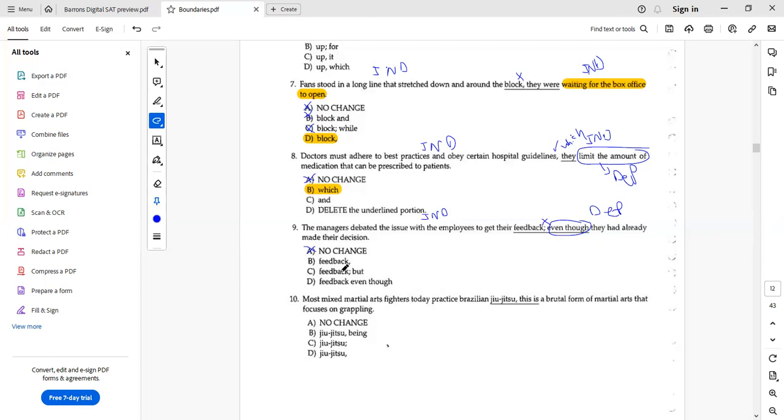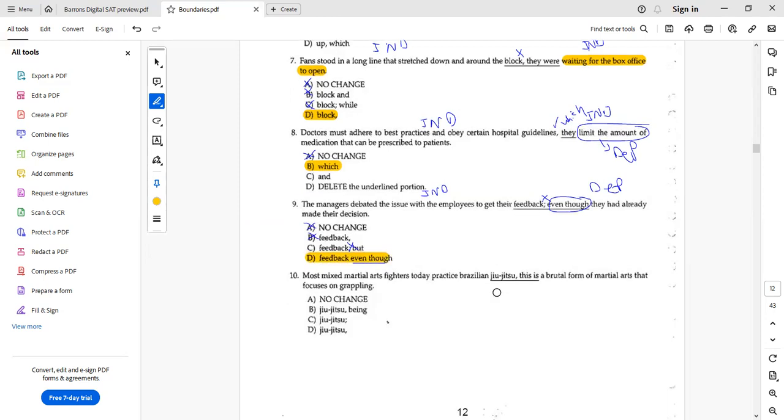If we put a comma, take care, you're gonna put feedback and comma, and then you're gonna put they had. It's gonna be independent because you delete even though. So it's gonna be wrong because it's gonna be run-on. Semicolon and but are wrong. So what we need is even though. Like that, it's gonna be independent, dependent, and we're not gonna put anything between them.